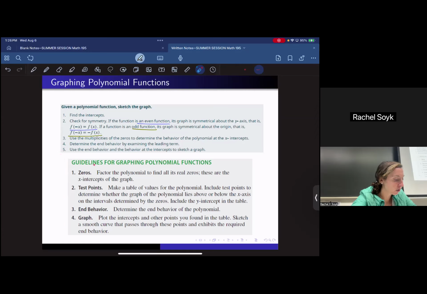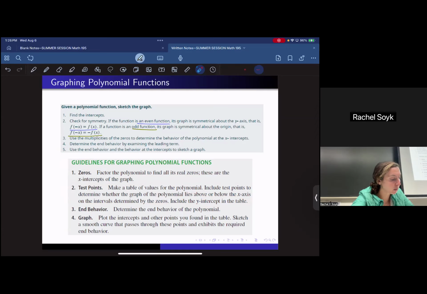You want to factor to find all the real zeros, aka your x-intercepts, and then you want to make a table in order to include test points to determine where the graph is going to be above or below your x-axis. Obviously, also include your y-intercept.